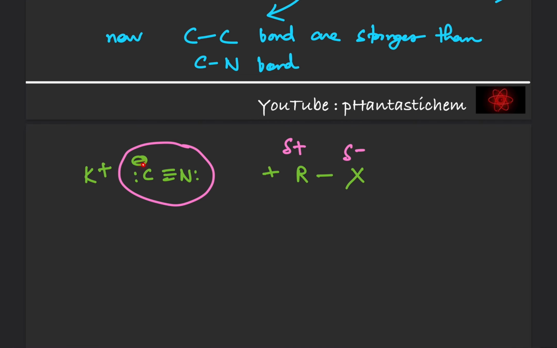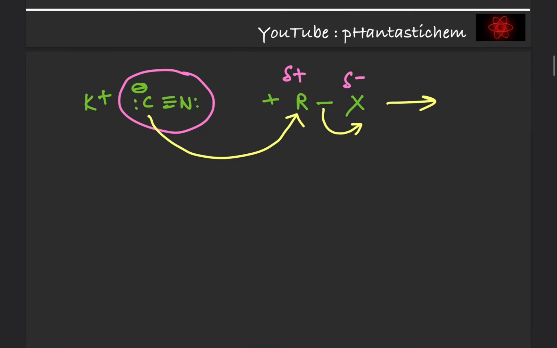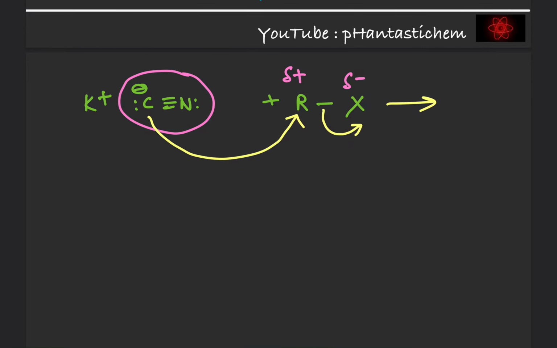But the attack from carbon is preferred because the new C-C bonds formed are stronger compared to the N-C bond. So therefore, ultimately we get, using arrows, this guy attacks R, X takes these electron pairs and goes away. So we'll get RC triple bond N, and K plus and X minus combining together.